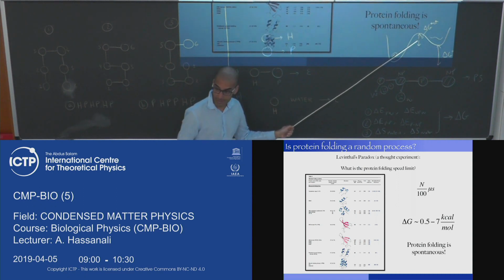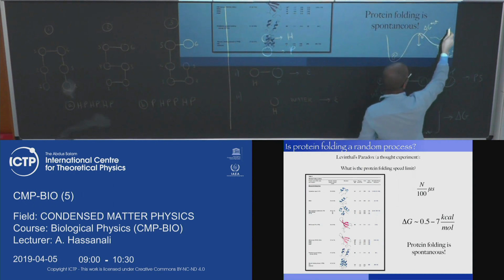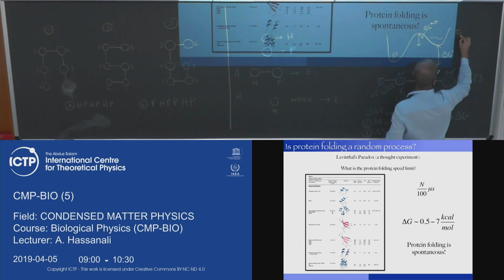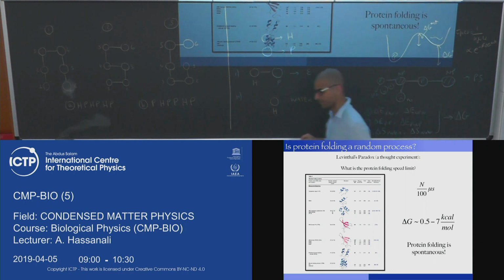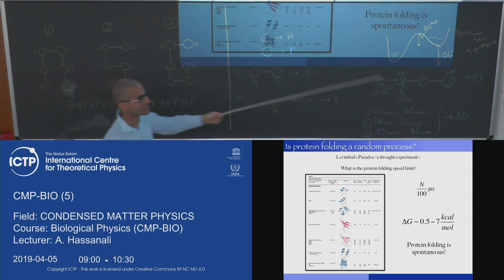The rate, that time, tau fold, is 1 over k fold, which is proportional to e to the minus beta of this activation barrier. This is Arrhenius law.